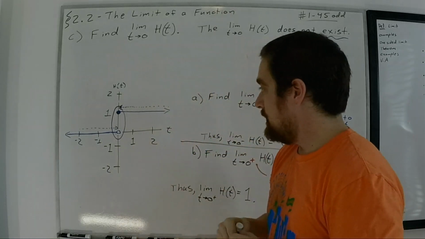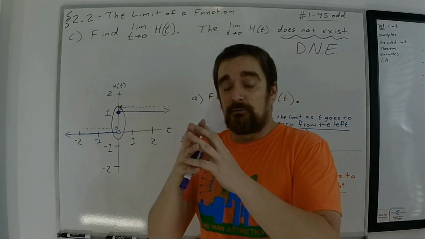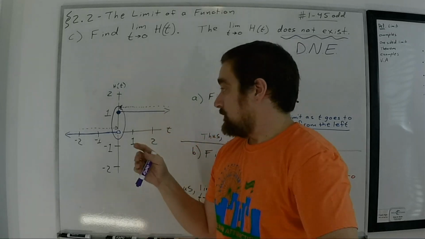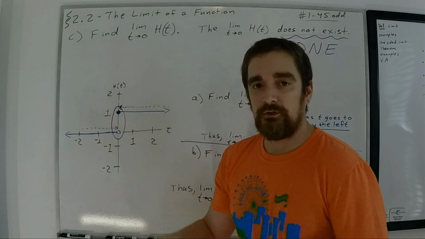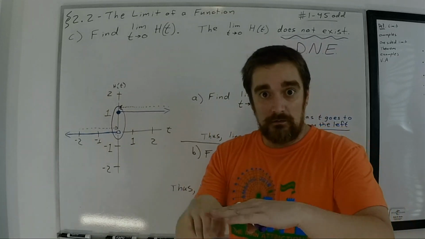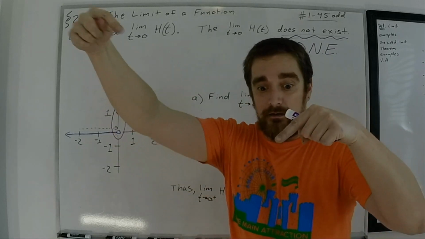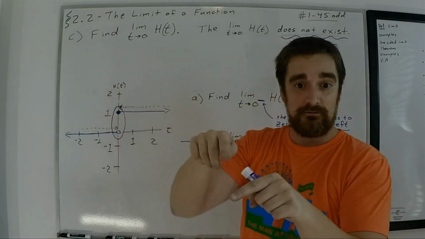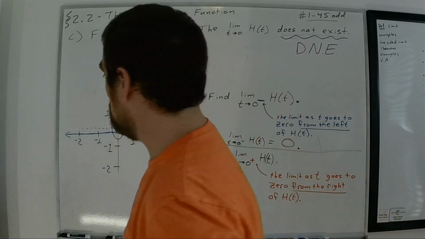For those of you who are going to take Calculus 3, that's when you start dealing with some three-dimensional stuff. You'll have an x, y, and a z-axis. Well, the x-axis goes in and out when you draw it. You'll have 3 axes that you have to account for. That means you can approach from an infinite number of directions. Right? There's a whole bunch of directions you can approach.